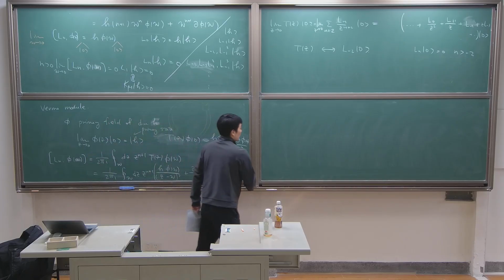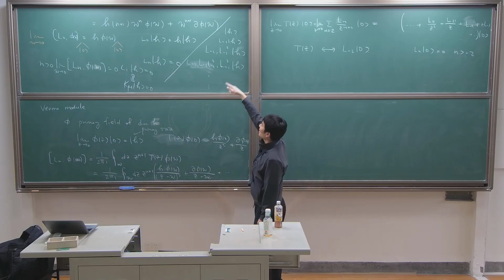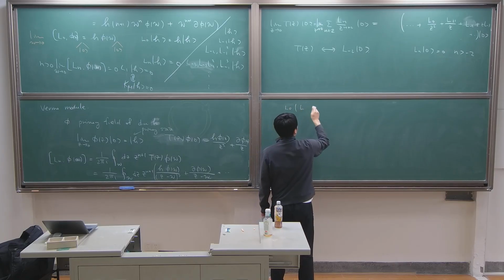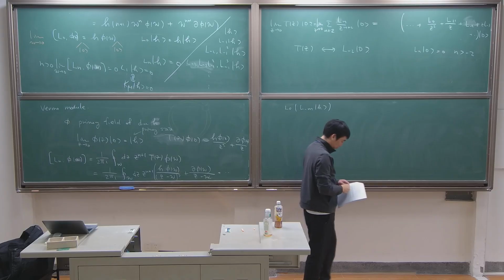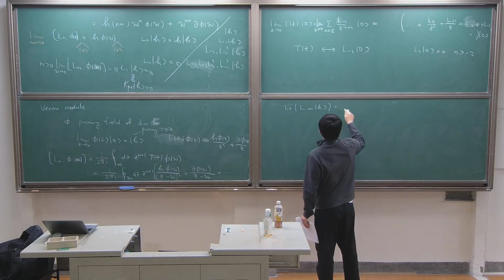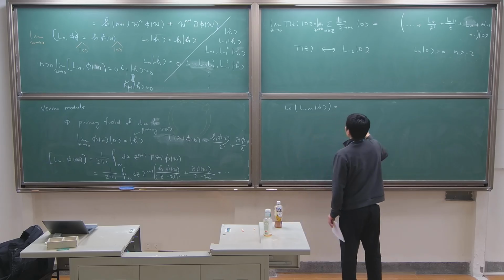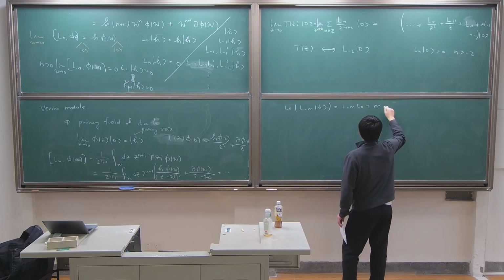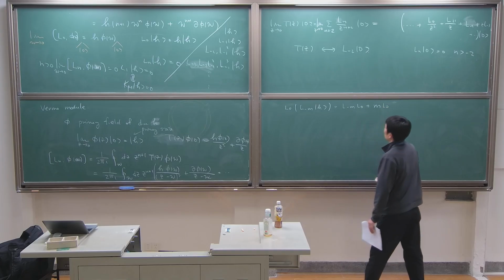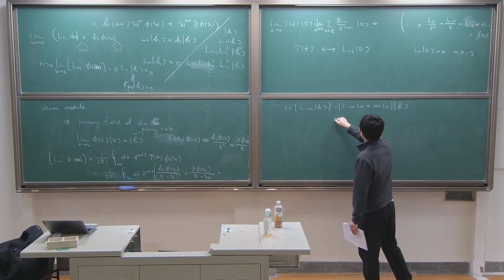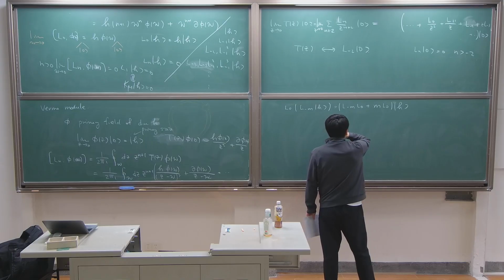Okay. So now, how about L0 acting on L minus m acting on h? What's the value of this one? This can be obtained just by the commutation relation. The Virasoro algebra, L0 with L minus m, will tell us how it acts on h.